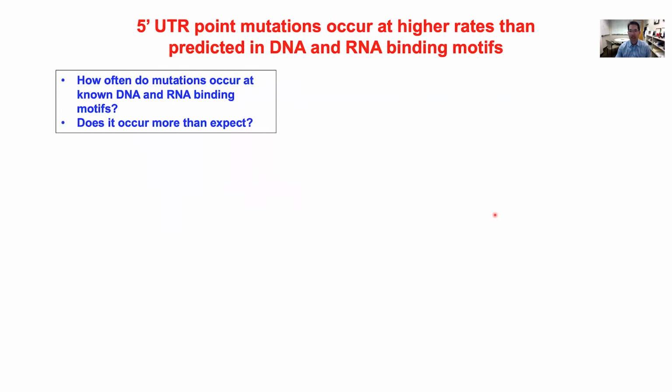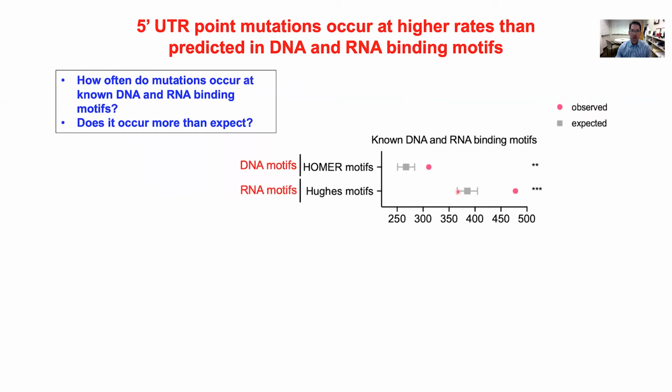We found that at the DNA and the RNA level, mutations were happening far more than would be expected by chance if we just randomly placed 2,200 mutations within the 5' UTR. This takes into consideration the trinucleotide context of the mutation.